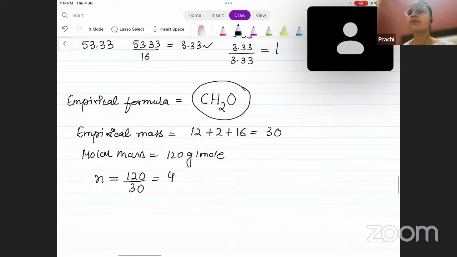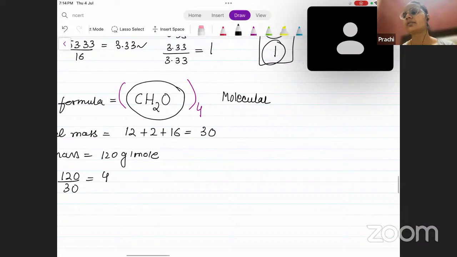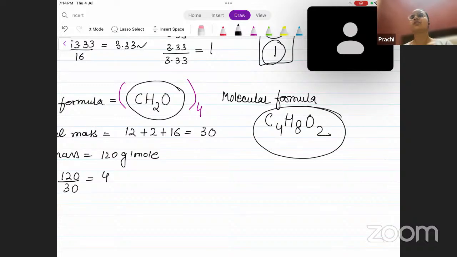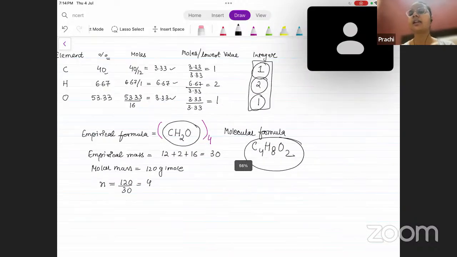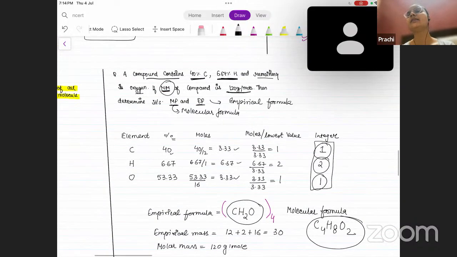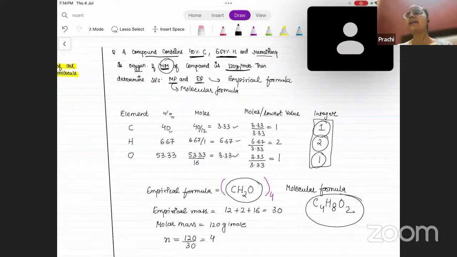So I have to multiply the empirical formula by 4, and in that case I'll get the molecular formula, which is C4H8O2.